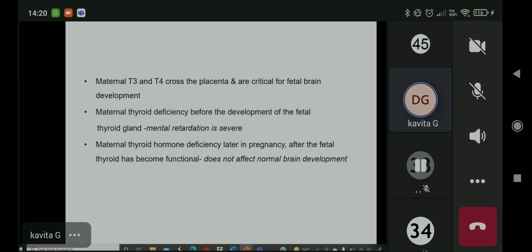Now, luckily or unluckily, if that deficiency happens after the child's brain has already developed, then the child is safe. Okay, so after the fetal thyroid has become functional, then it's really not going to be too much of a problem.